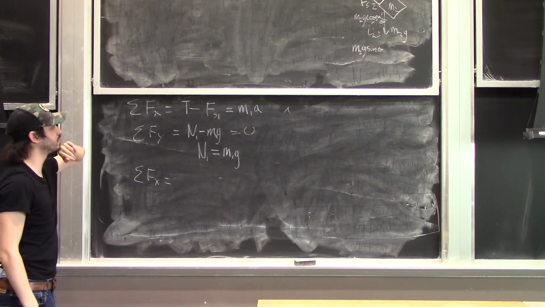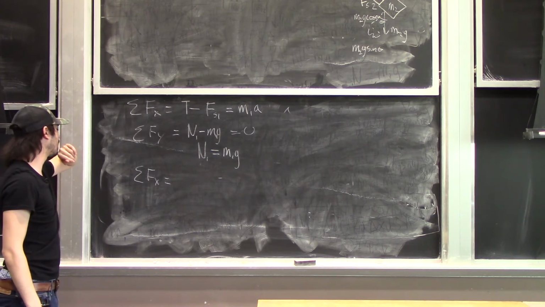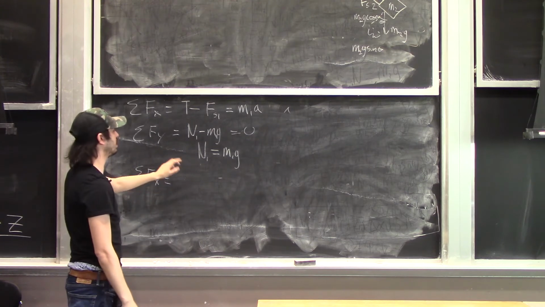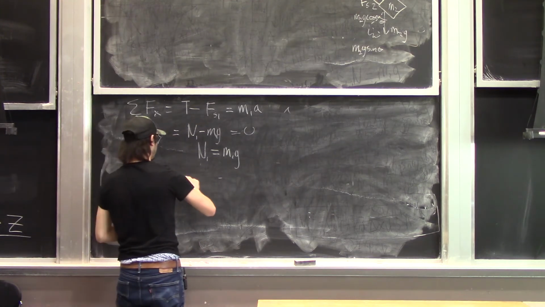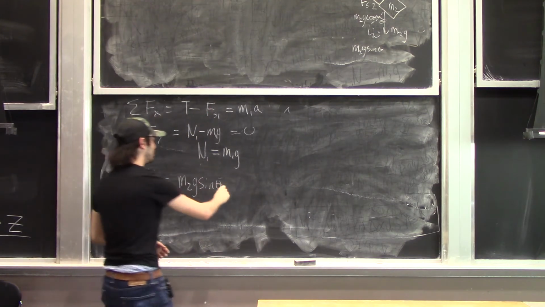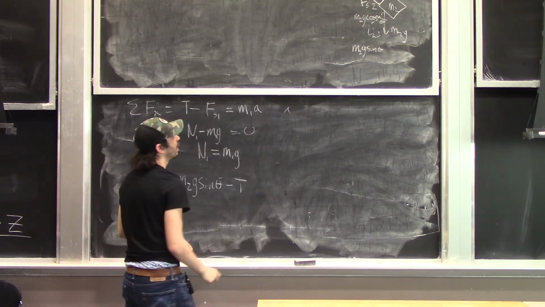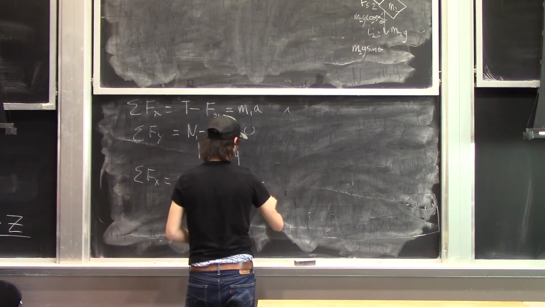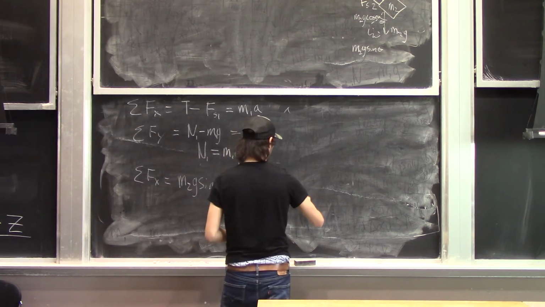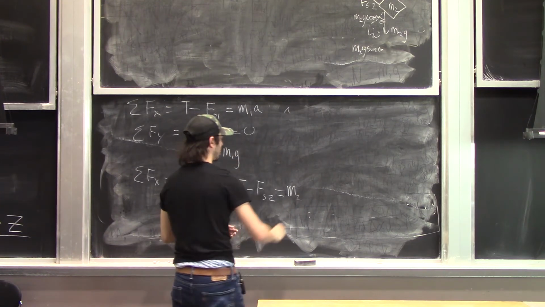So this m2g times sine of theta is going to be in the positive direction here. We also have a minus T. We have a minus fs2. And then this is going to be equal to m2 times the acceleration a.